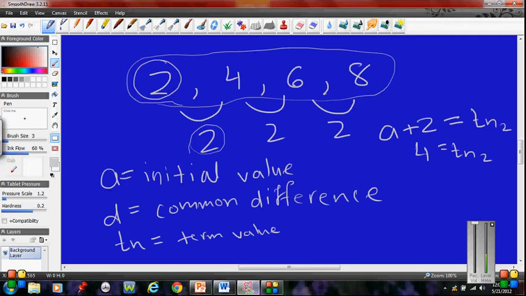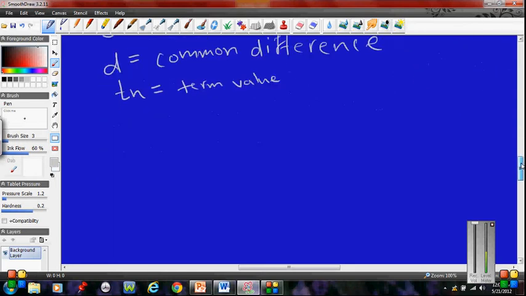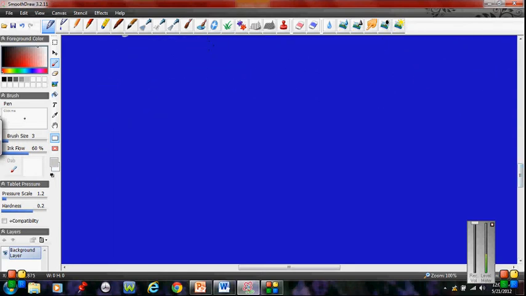And now from here, let's see how we get from the first value. Okay, you know what? Actually, the best way to find this out would be to do a term value table. I'm pretty sure you have done these before. Term number, term value.